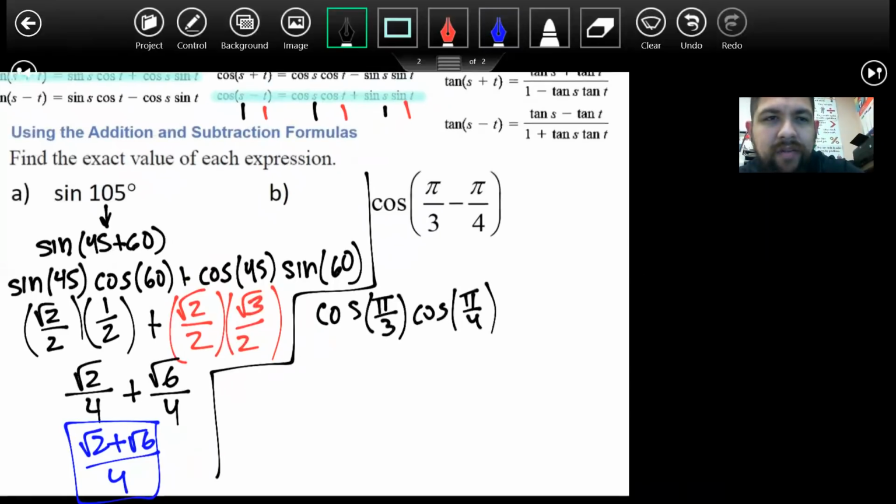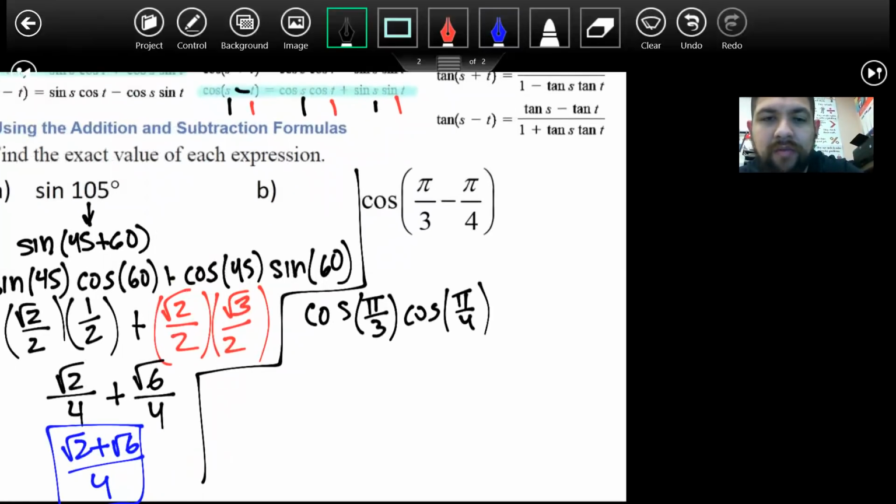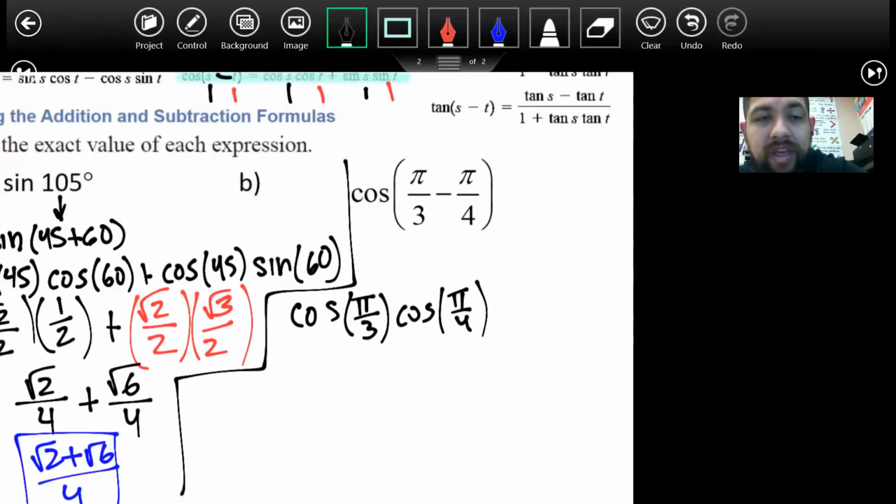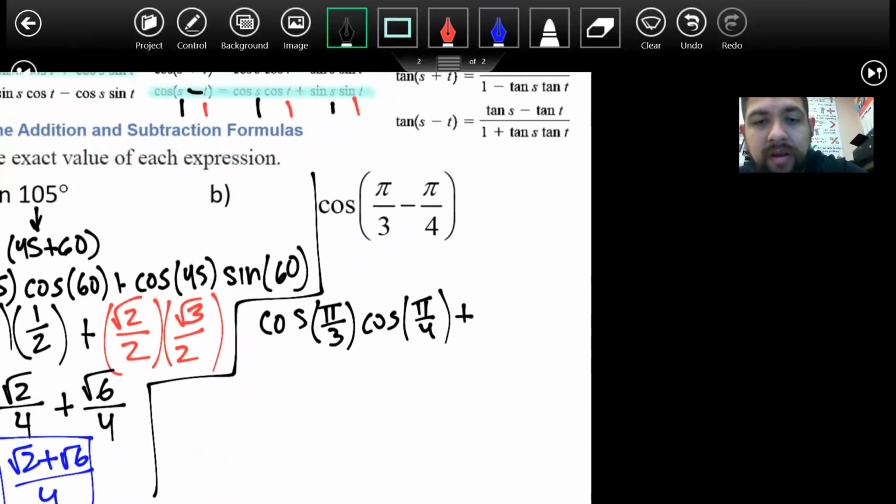Don't worry about that negative. It encapsulates within the formula. And then we're going to do the addition. So we're going to say sum of sine of pi over 3, cosine of pi over 4. Sorry for the tight squeeze.